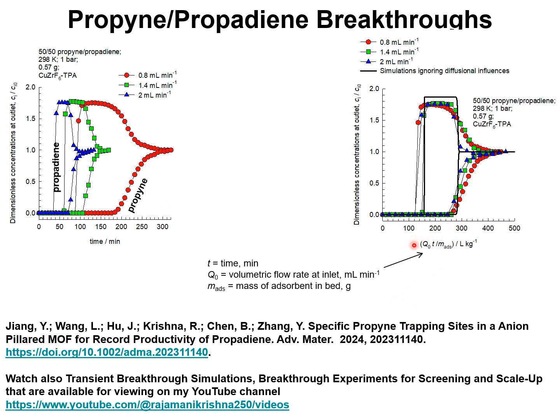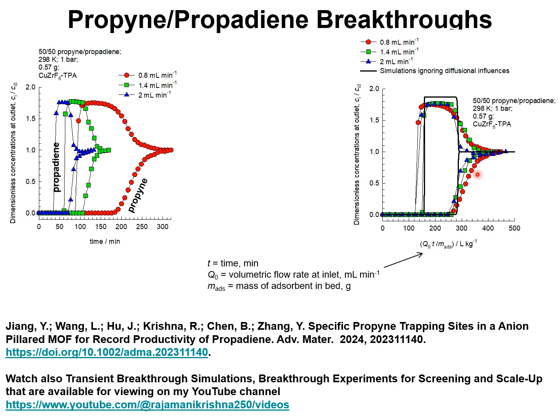The units of this modified time parameter is milliliters per gram, which is equivalent to liters per kilogram. If we plot the data in this manner, we note that all 3 breakthrough experiments collapse to yield a unique breakthrough curve, and that is a confirmation that the breakthrough experiments are consistent.